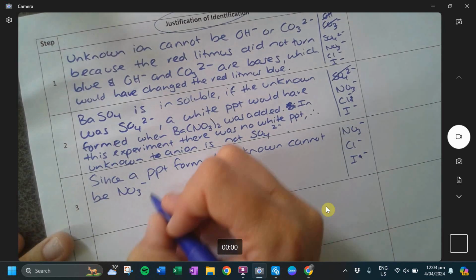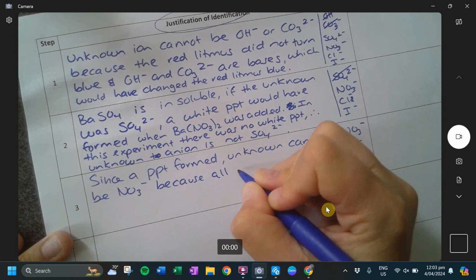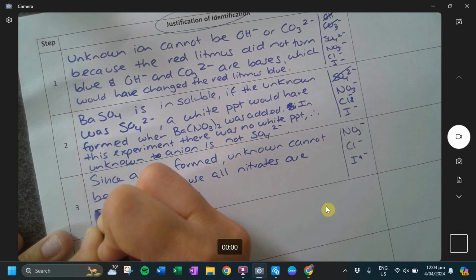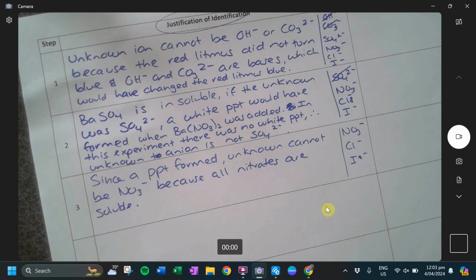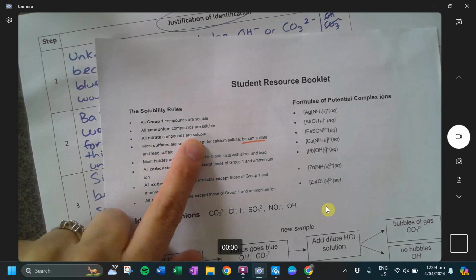Why? Because all nitrates are soluble. We get that from the solubility rules. I've given the solubility rules to you guys. All nitrate compounds are soluble.